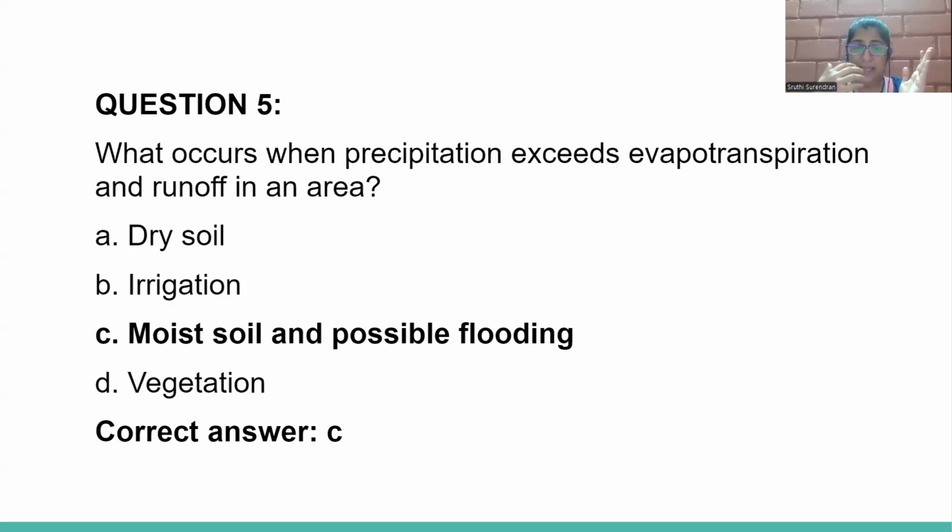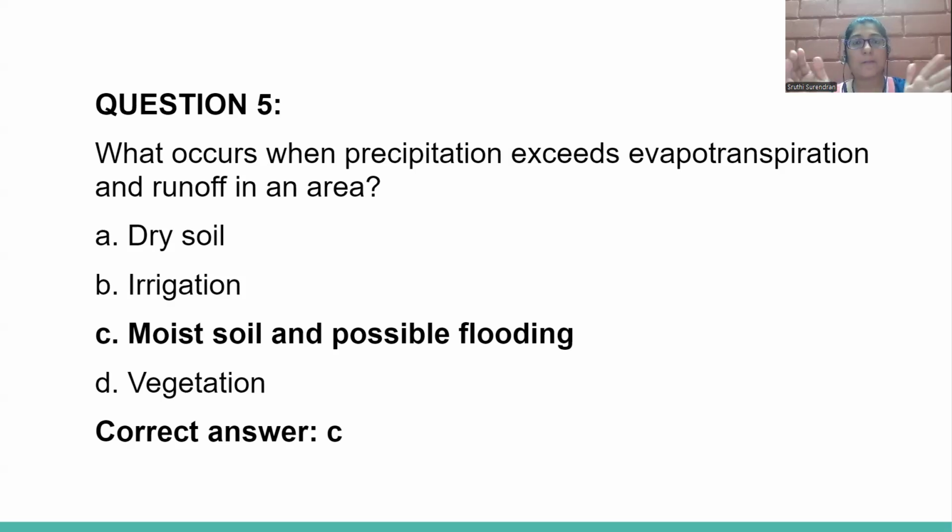So if more water is coming down as rain, and it is exceeding the water that is going away from the surface, as well as the water that is going into oceans and everywhere, the soil is going to keep getting saturated with water, and this water will not flow off.